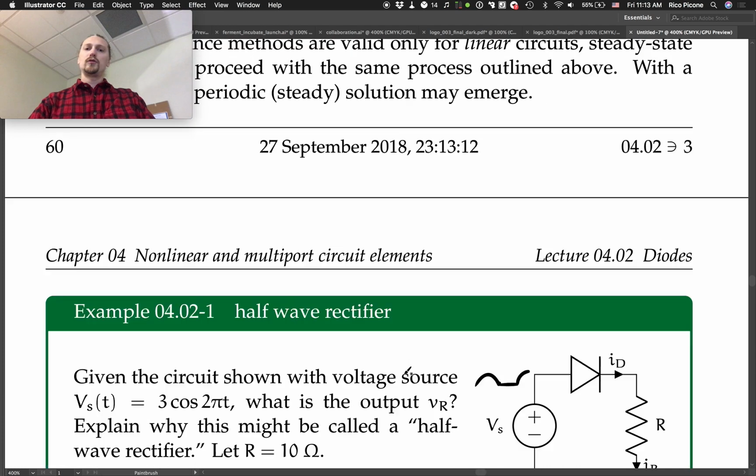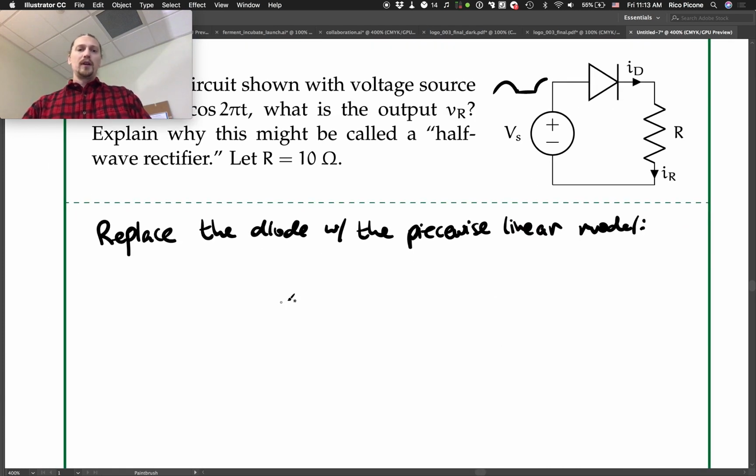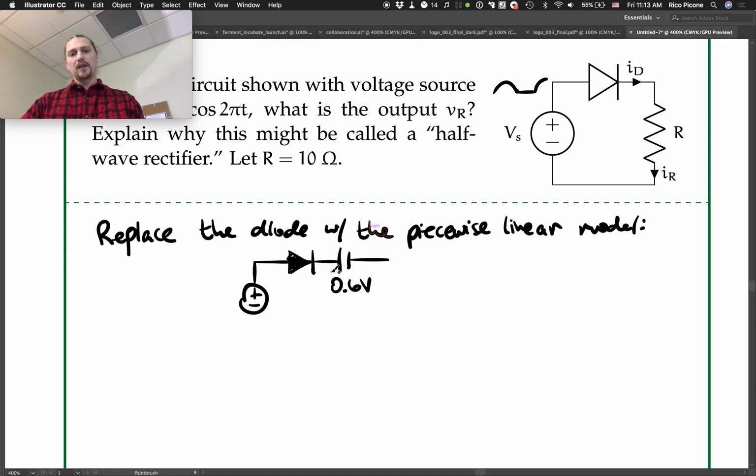So back down here, we can redraw our circuit, plus minus, with the ideal diode and then the constant voltage drop of 0.6 volts, plus, minus, and then a resistor RD.